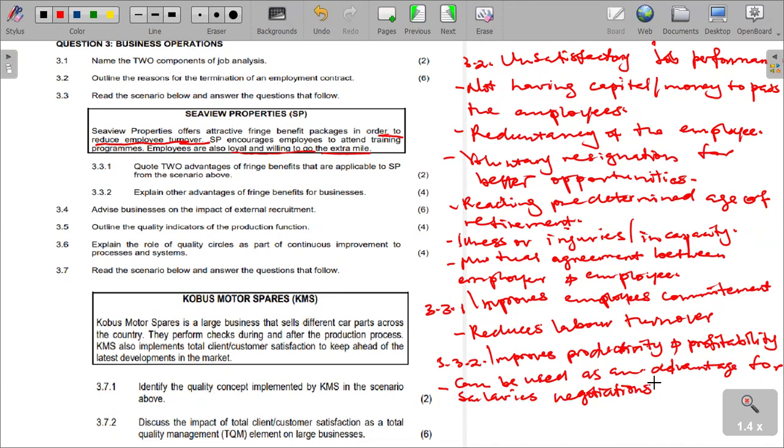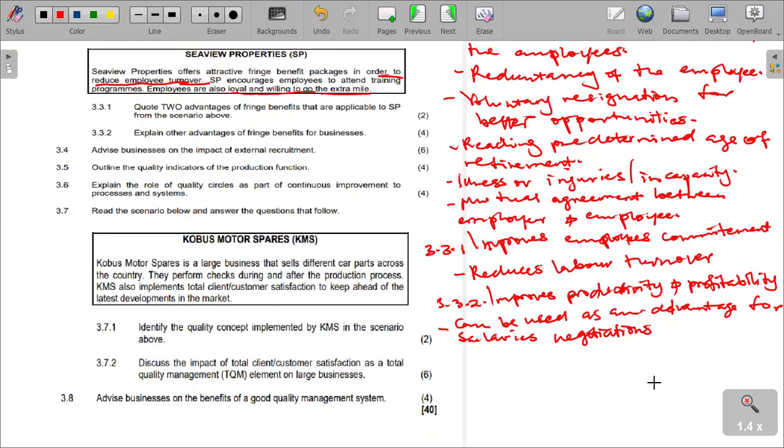It can also be used to attract qualified and skilled employees. Can be used to attract best qualified and experienced employees. An organization can be able to attract best employees through fringe benefits.